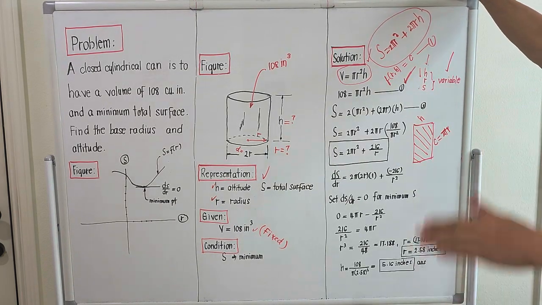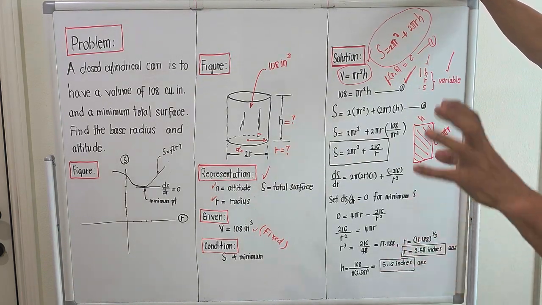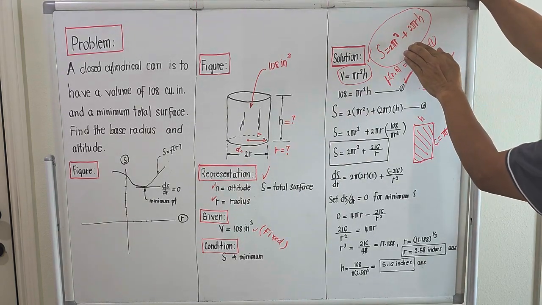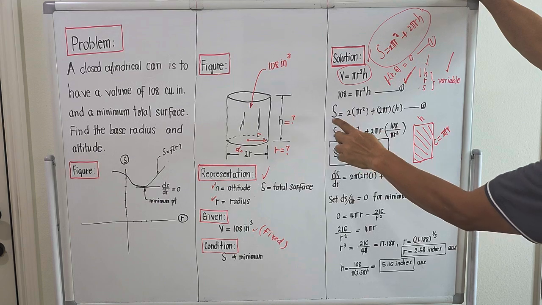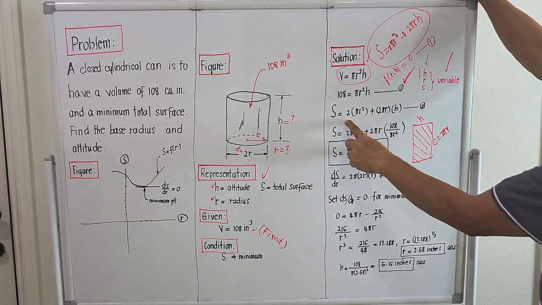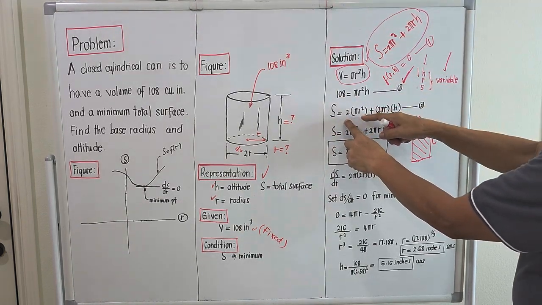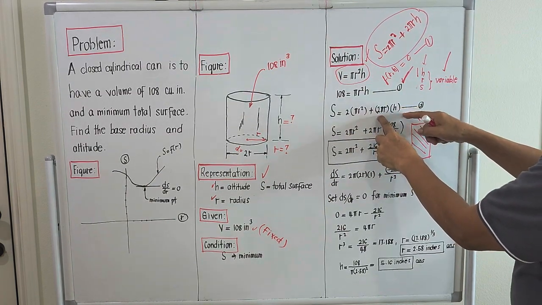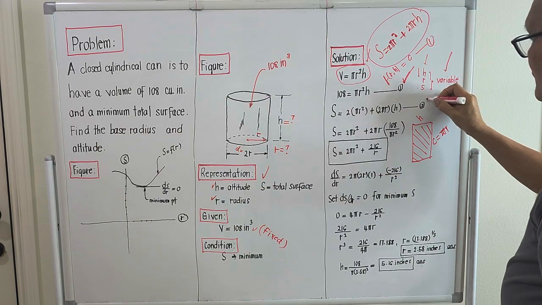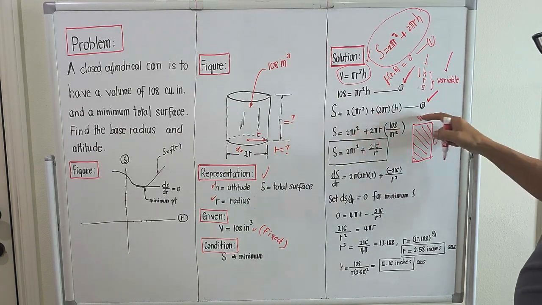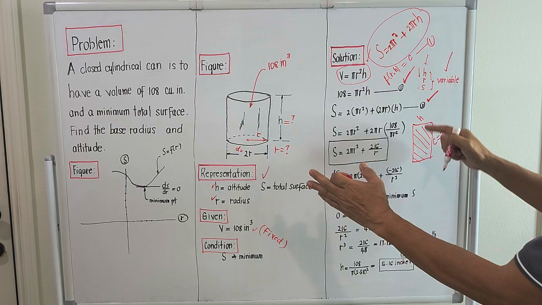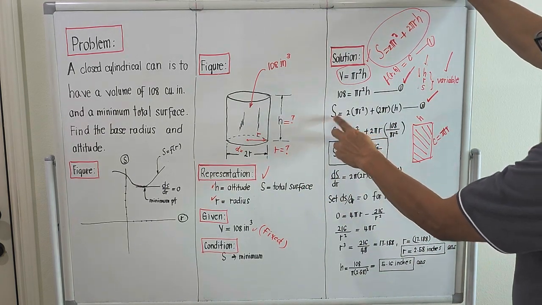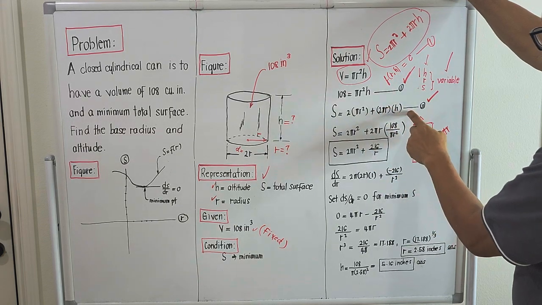We are now deriving the formula on how to bring out the total surface. Let's get back to the formula for the total surface. Total surface is 2 times pi r square plus 2 pi r multiplied by h. This is equation number 2. For this equation number 2, there are actually 3 variables: s, r, and h.